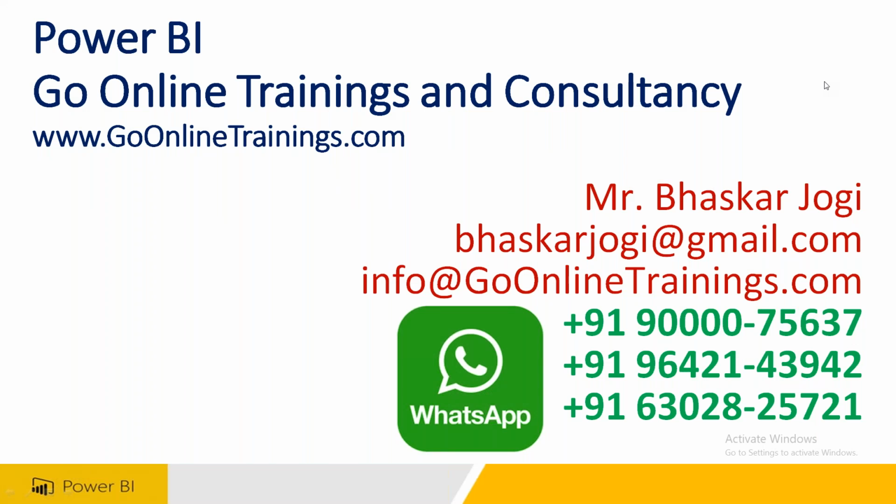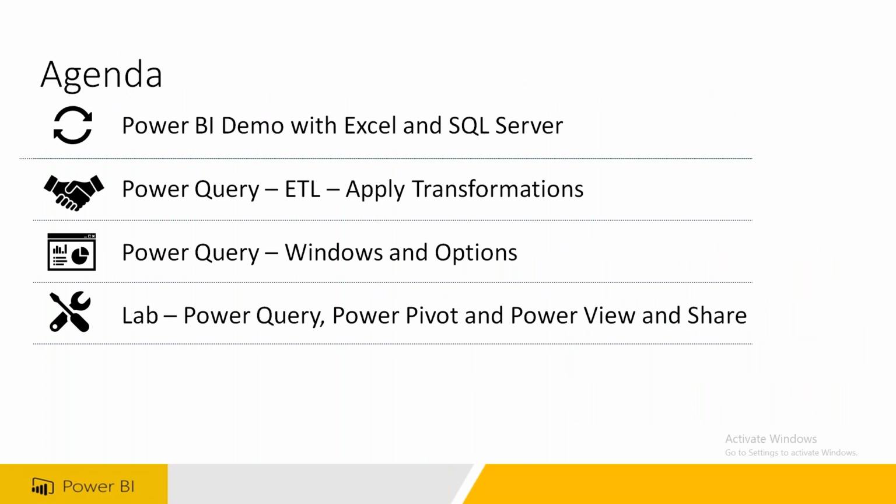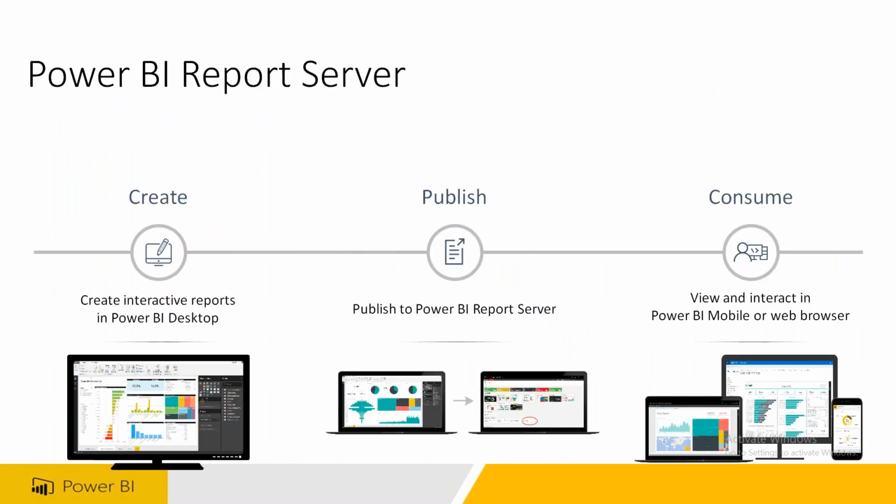So, we have spoken about how to use Excel sheets and get the data. And we also spoke about what is a Power Query and how to use some transformations there. And very, very basic transformations we had implemented.